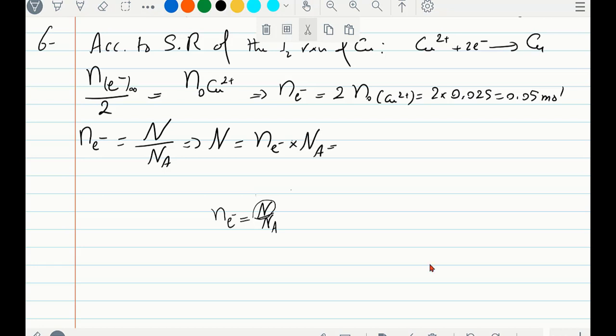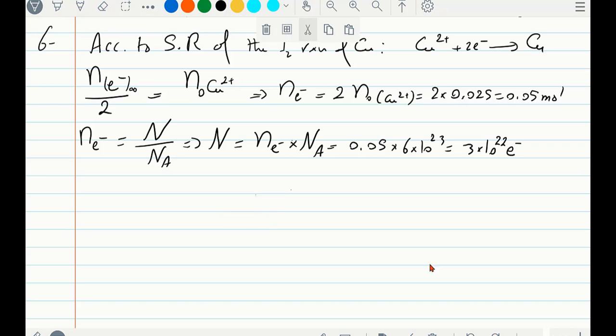The number of moles of electrons equals 0.05, calculated in the first step, and Na given equals 6 times 10 to the power 23, equals 3 times 10 to the power 22 electrons. This is the number of electrons.